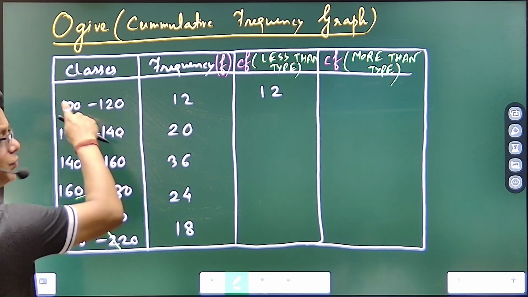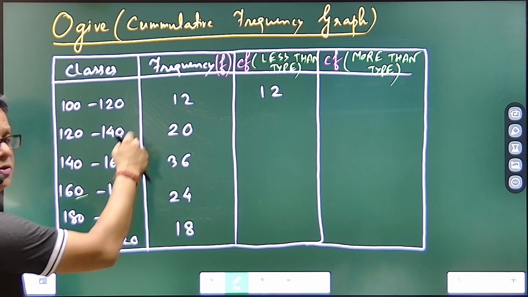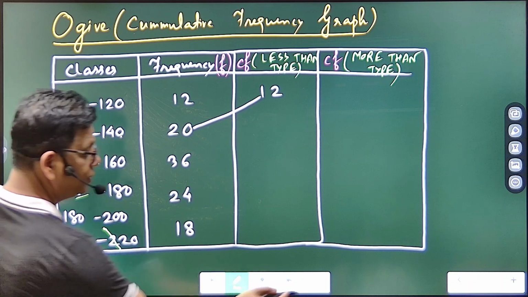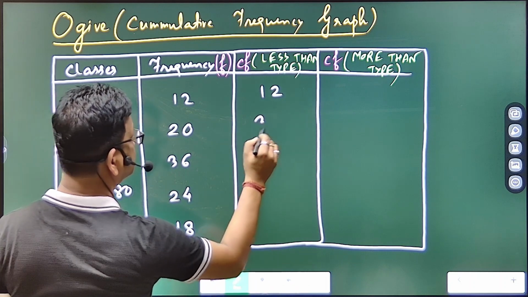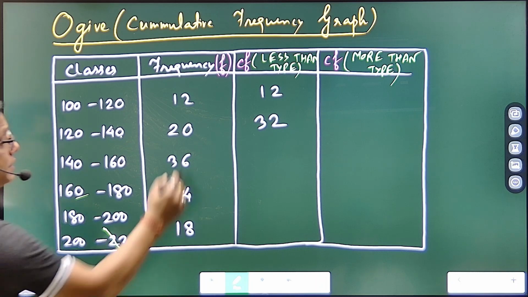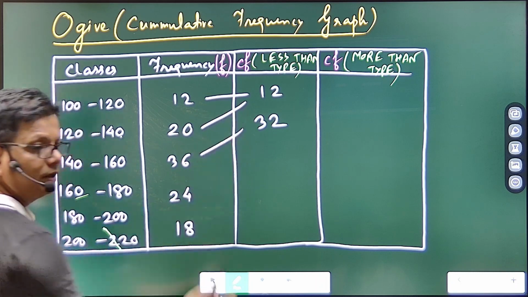Up to 140 means from 100 to 140. So add the numbers, 20 and this. It is how much? 32. This is the same process that we have done few minutes back, not a different thing.